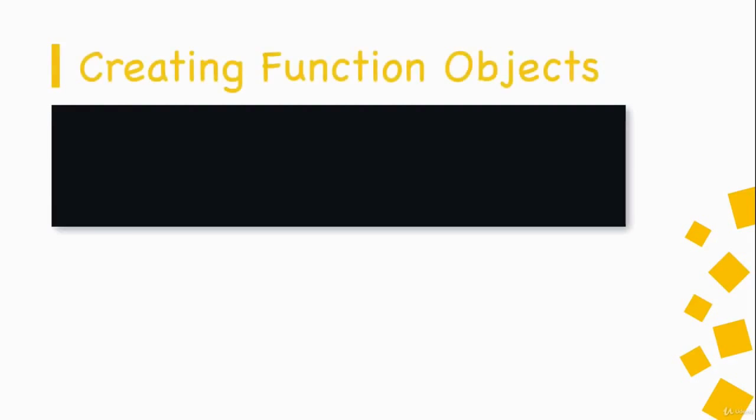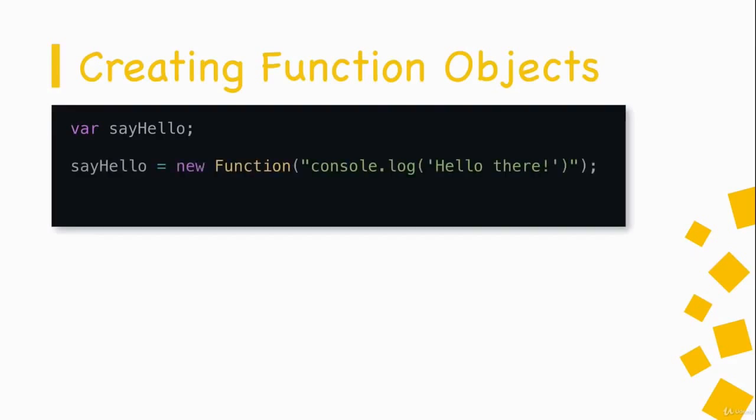Now you can also create function objects. Now functions are actually objects, but the syntax we saw is the function literal syntax. But you can also use the new Function syntax. So in this case, we first define a variable sayHello, and then we create a new function object and assign it to the sayHello variable. And we do that by typing in new Function and then console.log('hello there') as a string as a parameter in the Function constructor.